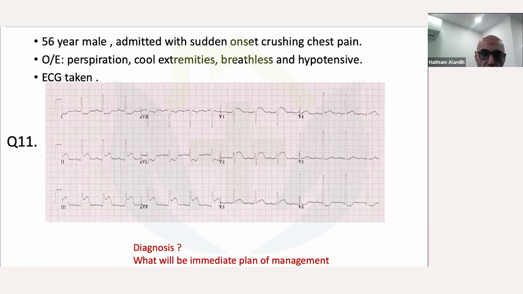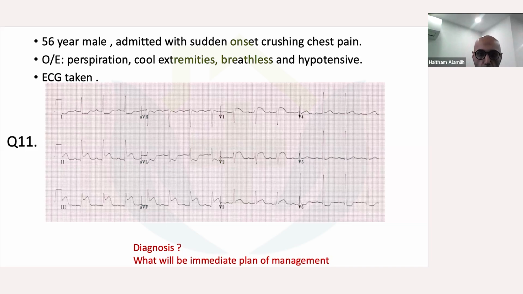So we will say inferoanterior ST elevation MI. The immediate management: this patient should receive immediately aspirin, Plavix, statin, oxygen, and be referred for urgent cardiac cath.